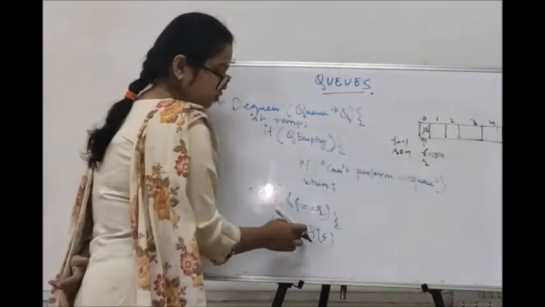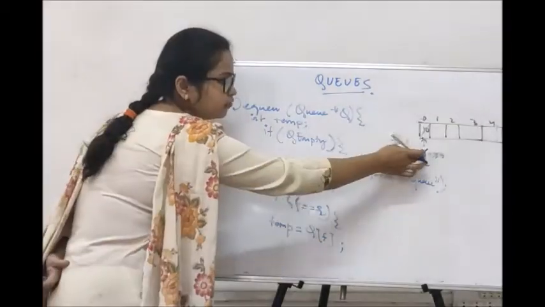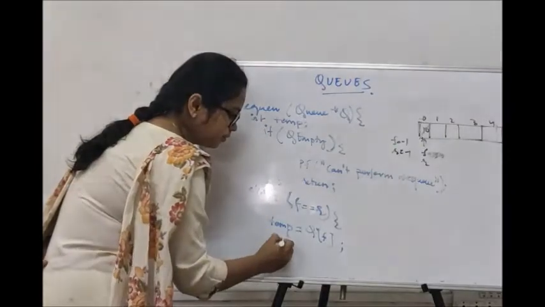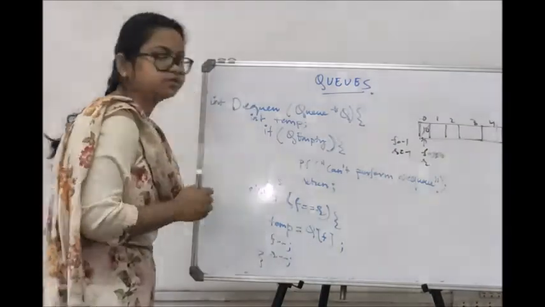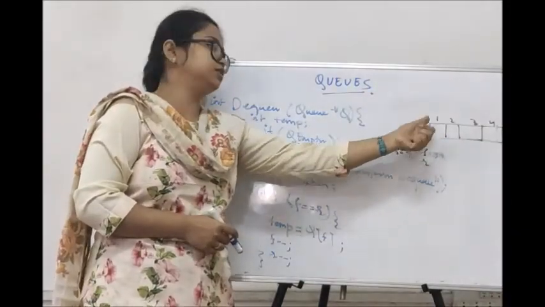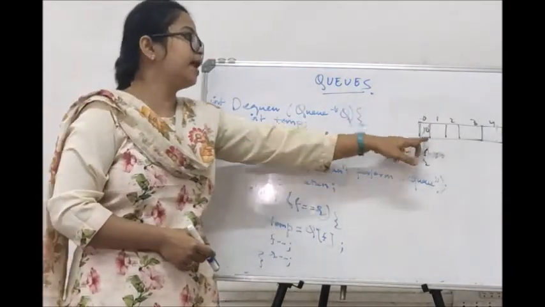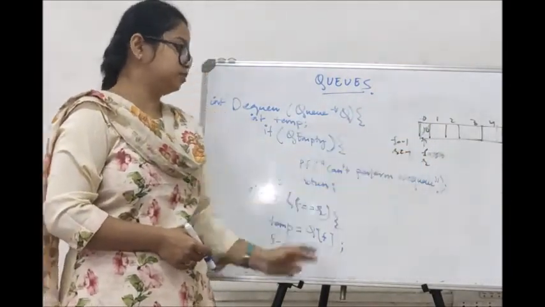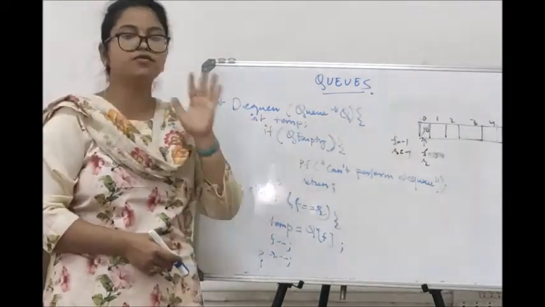Then we will decrement front and rear, because now there is no element here. So if only one element is present, when we delete it, we extract it into the temporary variable and we set front to -1 and rear to -1. This happens when there is only one element.